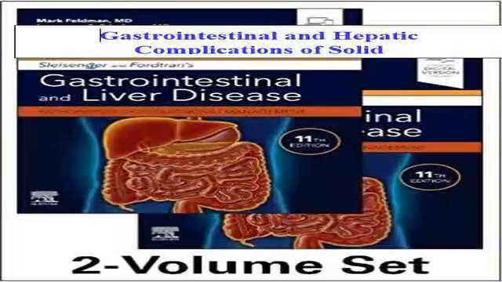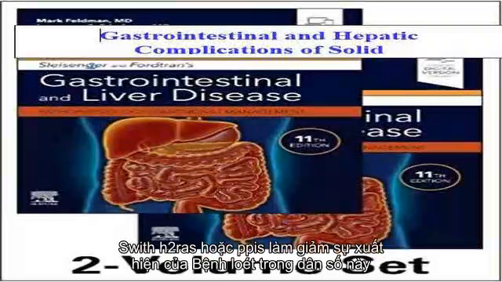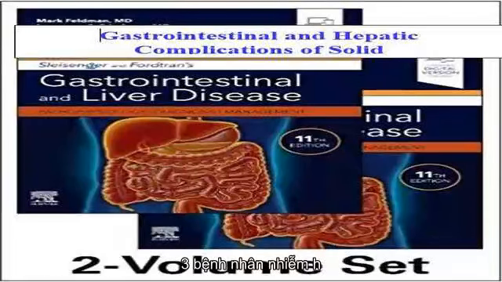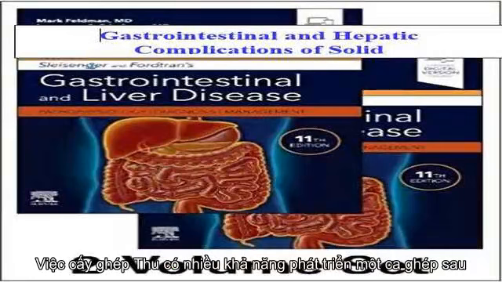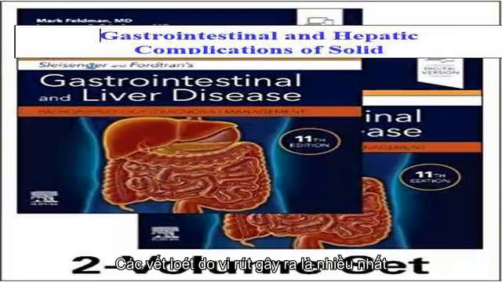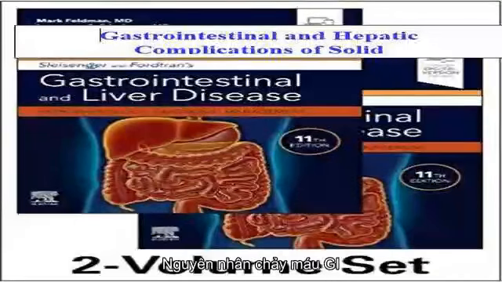Prophylaxis with H2RAs or PPIs decreases the occurrence of ulcer disease in this population. These two therapies are equally effective in KT recipients. Patients infected with HP prior to transplantation are more likely to develop PUD following transplant. In the absence of effective antiviral prophylaxis, viral ulcerations are the most common cause of GI bleeding.